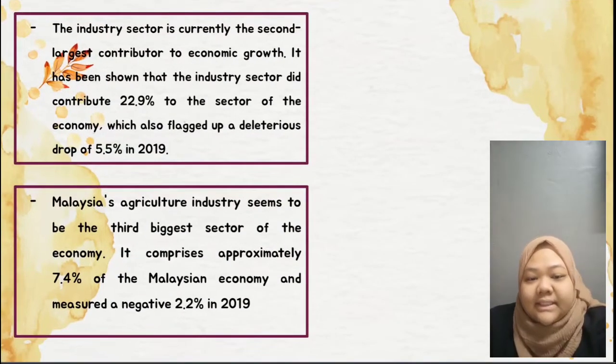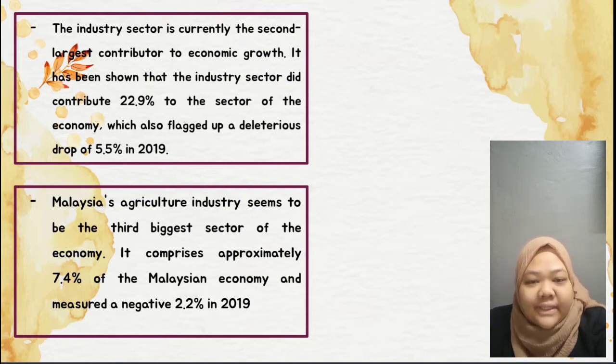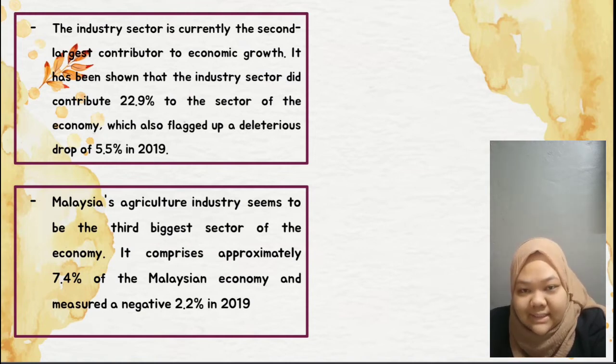Following that, the industry sector is currently the second largest contributor to economic growth. The industry sector contributed 22.9% to the economy, which also registered a negative drop of 5.5% in 2019.